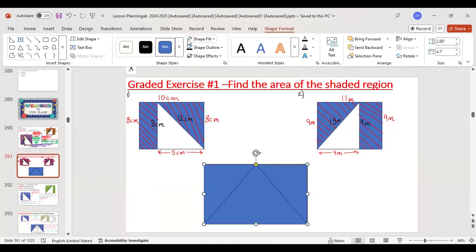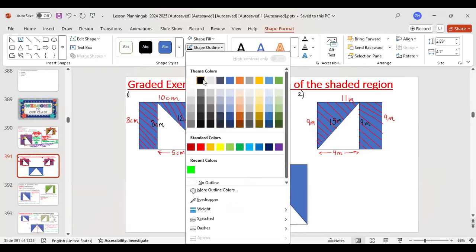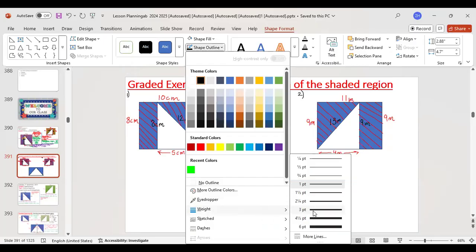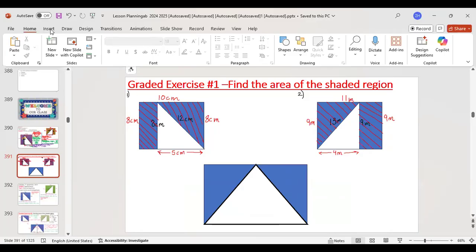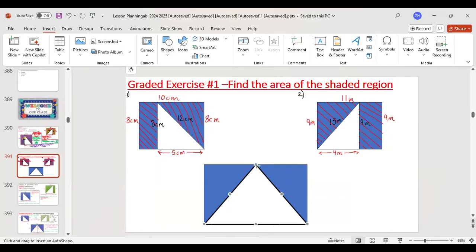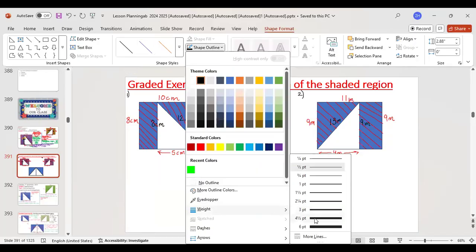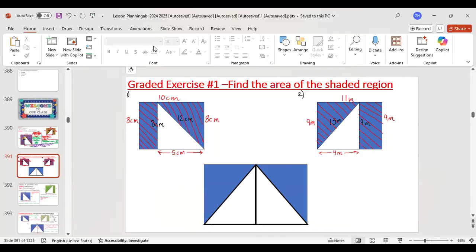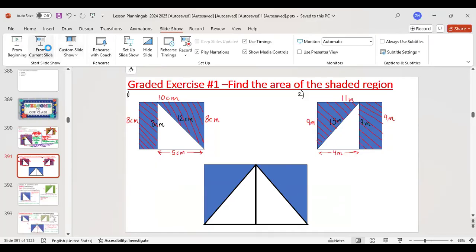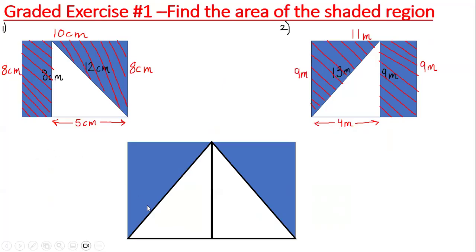And let's say that this is a white shape outline. Good. And let me just put a line inside here. Good. All right, good. So now let's put the numbers on this thing. So this full thing is 10 meters.